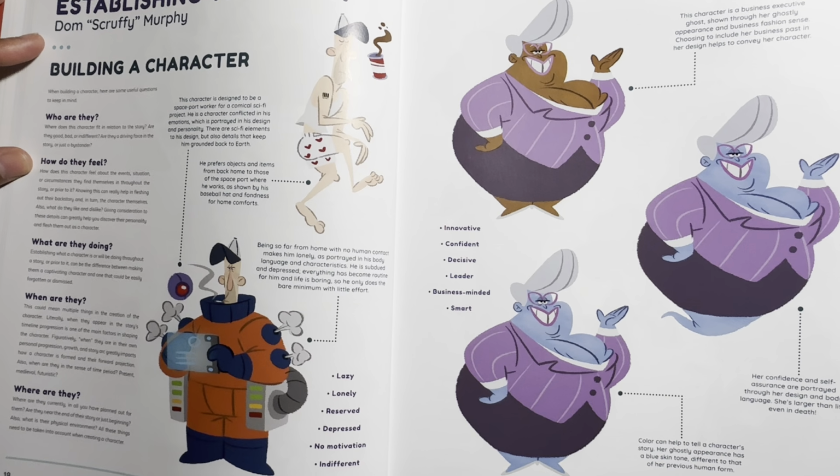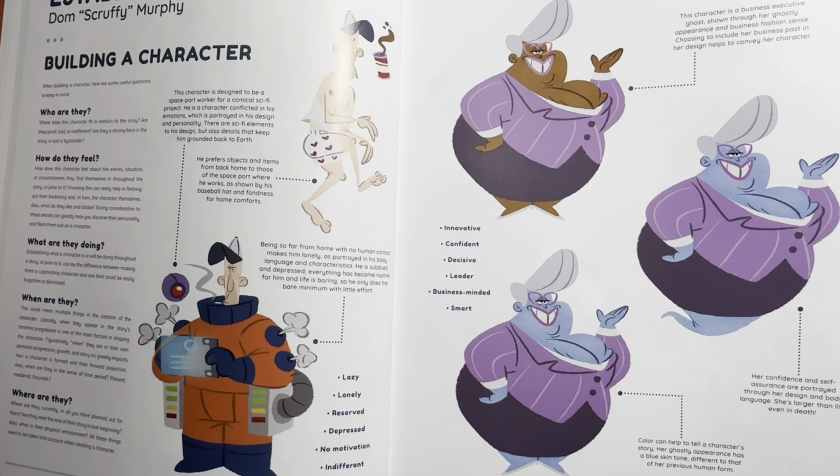How do they feel? This is the emotional standing of the character. Whatever situation they're in, how do they feel about it? Can you portray that on their face? Where are they in the story? Do they like doing what they're doing?